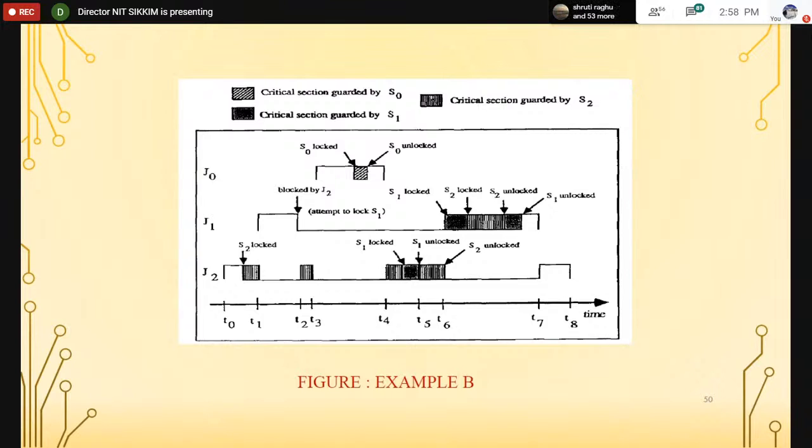The priority ceiling of S3 is 1 and the priority of J2 is 2, so J2's priority is not higher than the ceiling and therefore it is blocked. Finally, J3 completes its execution, and then when J1 comes, it can gain access. So the duration of blocking is only the longest critical section of one task. This is how it avoids the chain of blocking, and it becomes deterministic in terms of time also.